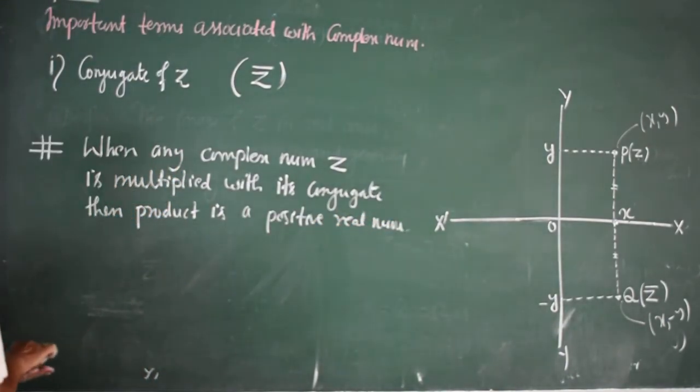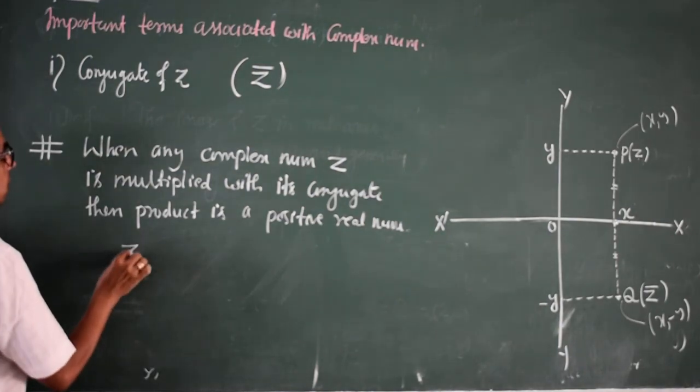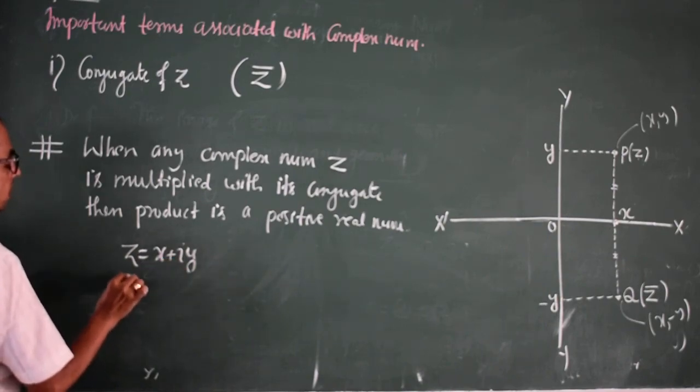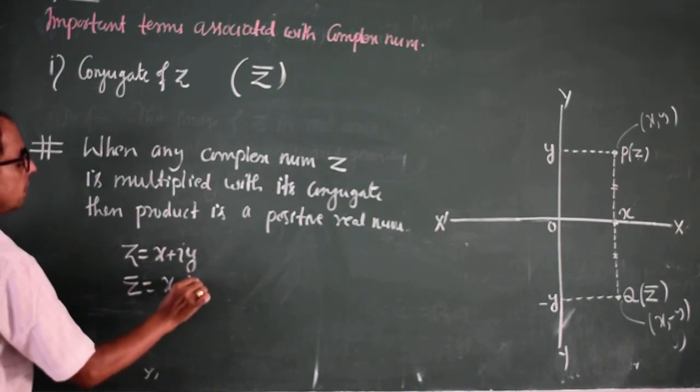It is a simple observation. Suppose z equal to x plus iota y and z conjugate will be equal to x minus iota y.